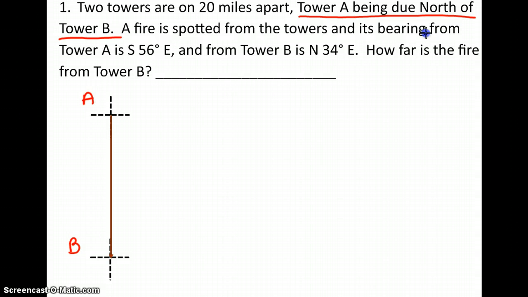So this is our 20 miles. And we know the fire is somewhere to the right because in both of these directions we're east.